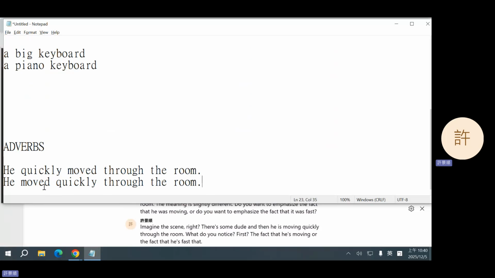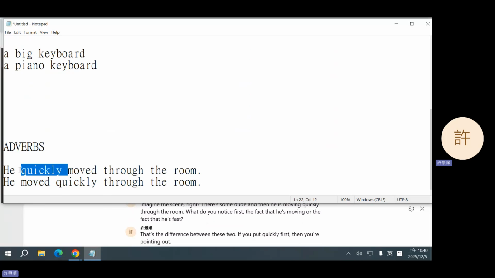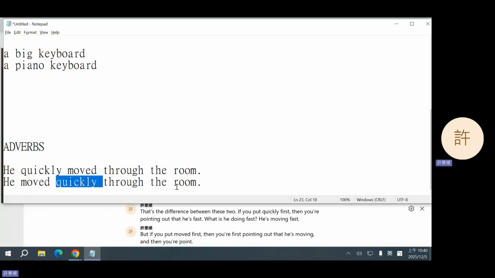That's the difference between these two. If you put quickly first, then you're pointing out that he's fast. What is he doing fast? He's moving fast. But if you put moved first, then you're first pointing out that he's moving, and then you're pointing out that he's fast. There's a slight difference.